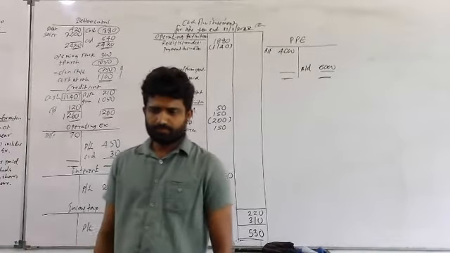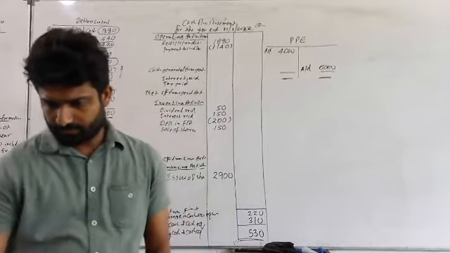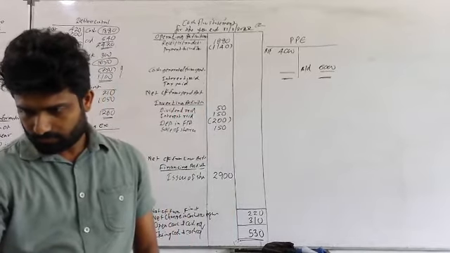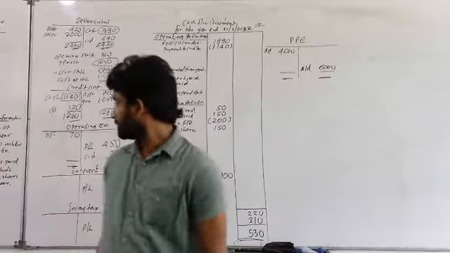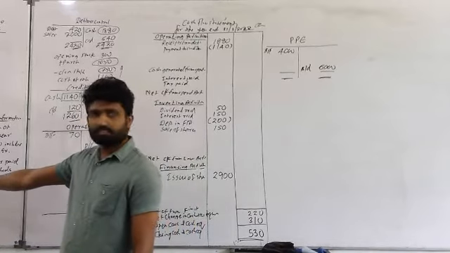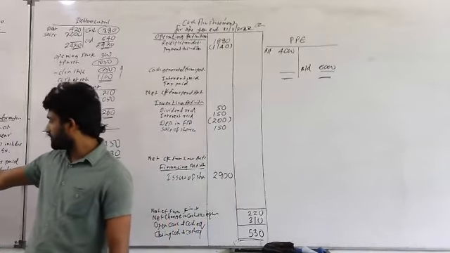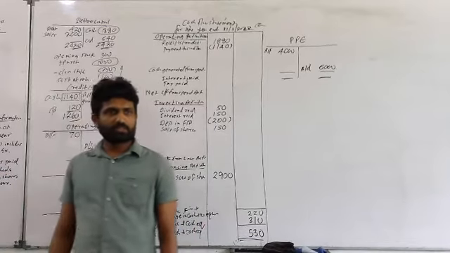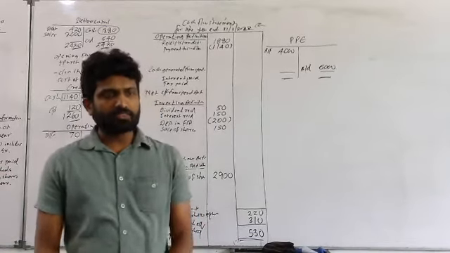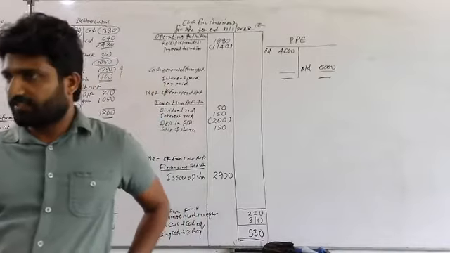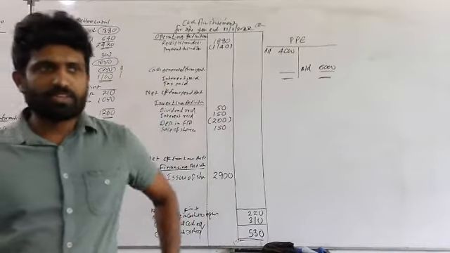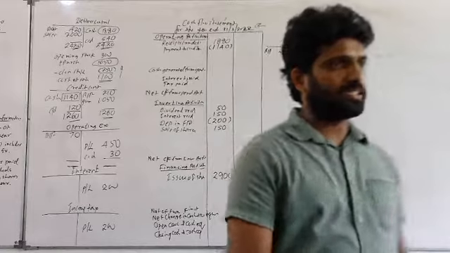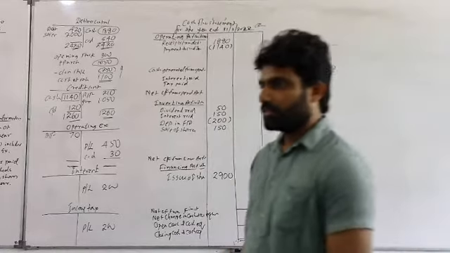One more. When you take your retained earnings, opening balance is 200, closing balance is 400. Now listen. If you prepare the statement of changes in equity, what is the opening balance you have to mention as retained earnings? 200.